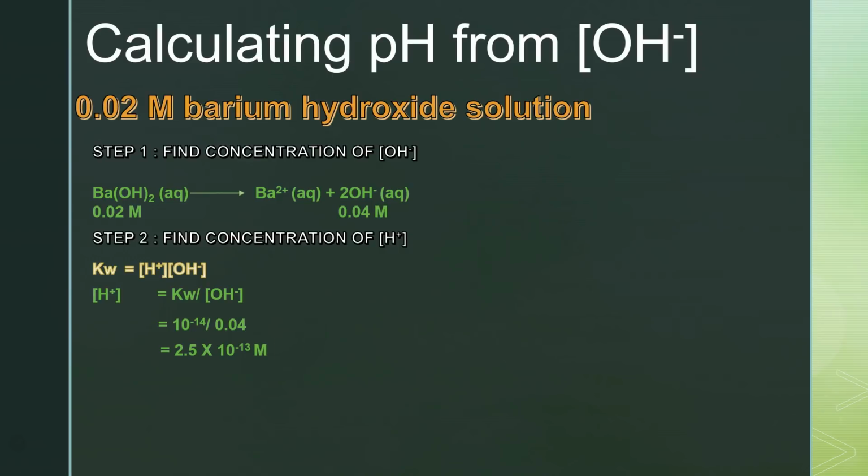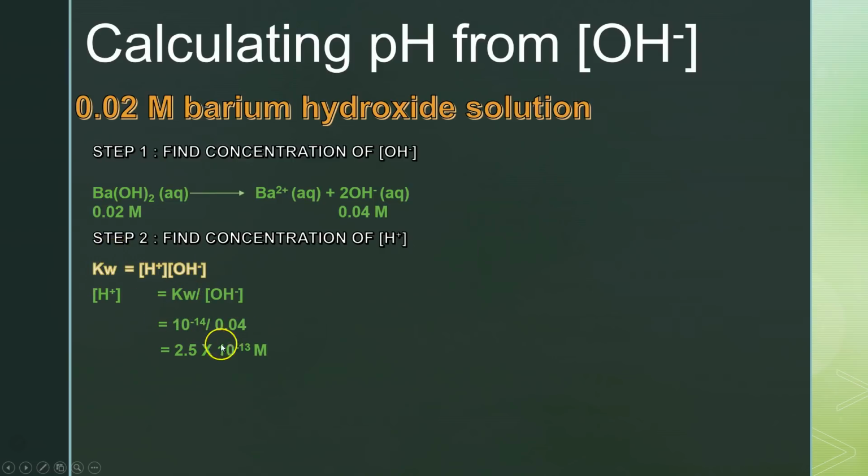Okay, remember, to find out the pH of a basic solution, to find out the pH of a solution where only hydroxide ion is given, first identify the concentration of hydroxide ion and find out the concentration of hydrogen ion using this equation.